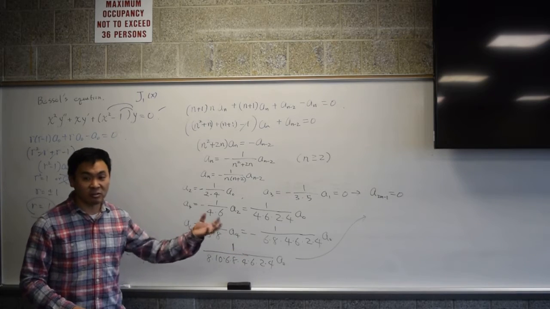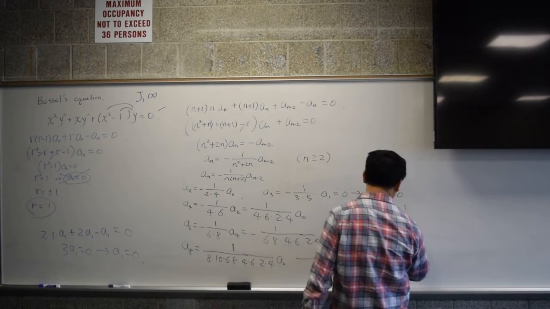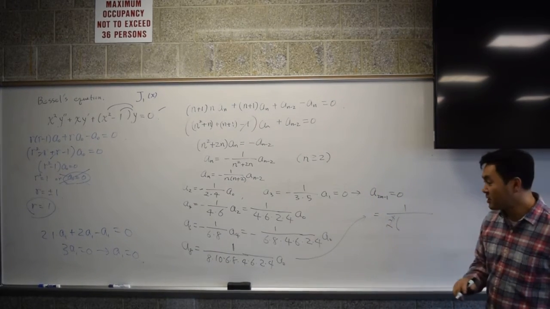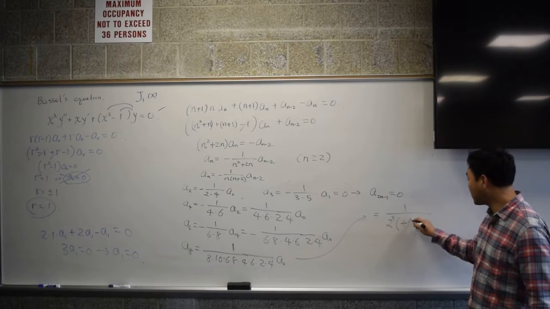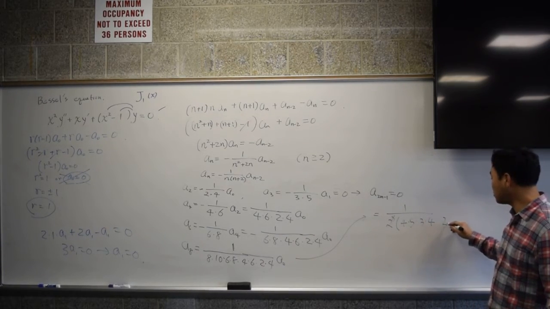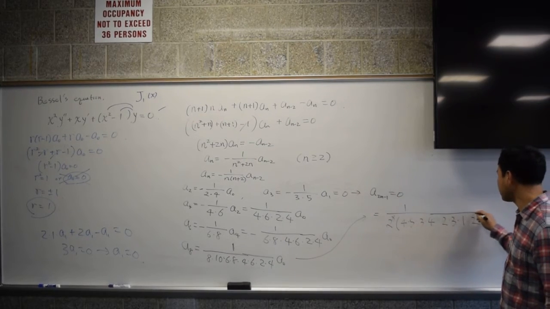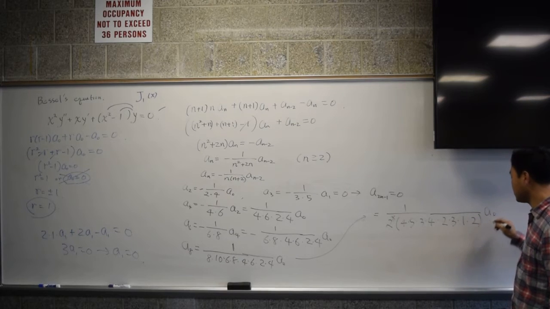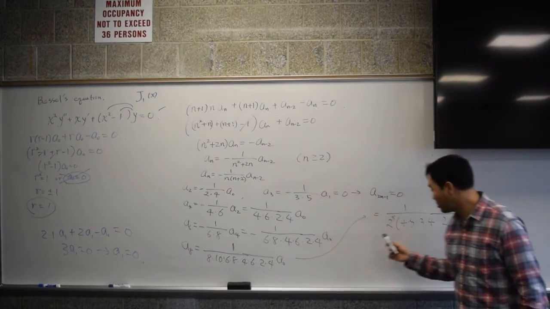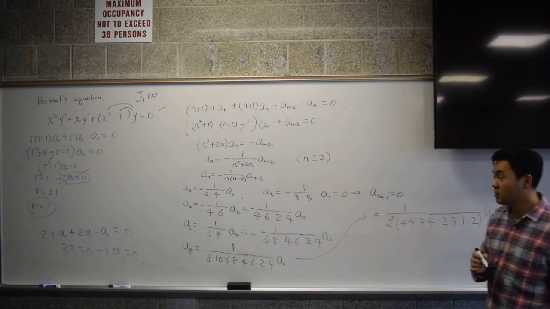So I'm going to factor the 2 out so that I get 1 over 2 to the 8th power. Then it's a lot easier to write because it's 4 times 5 times 3 times 4 times 2 times 3 times 1 times 2. See what I did? I just divided everything by 2.